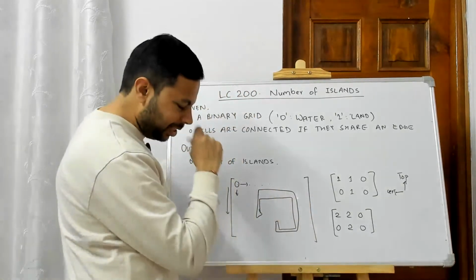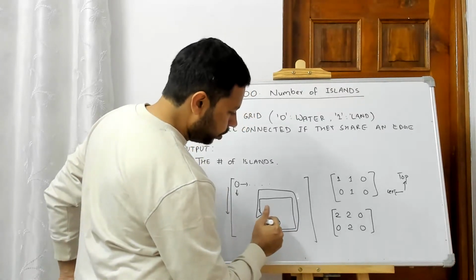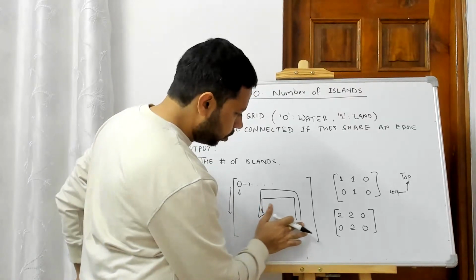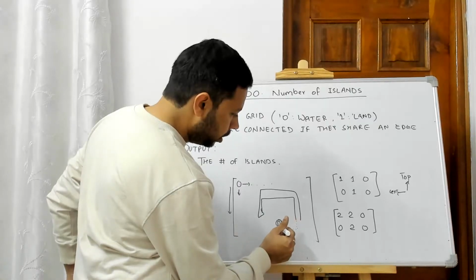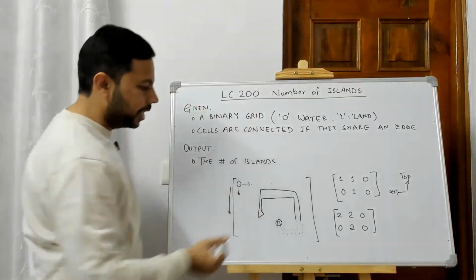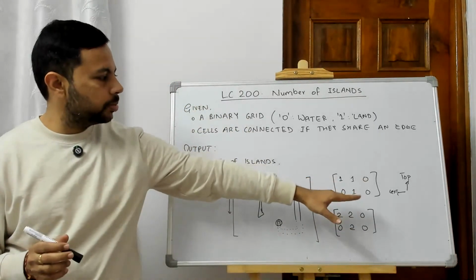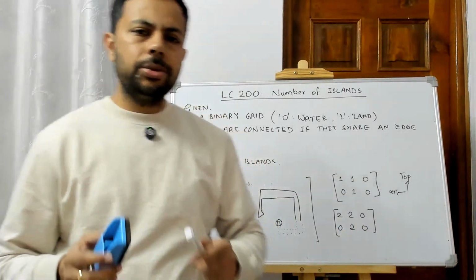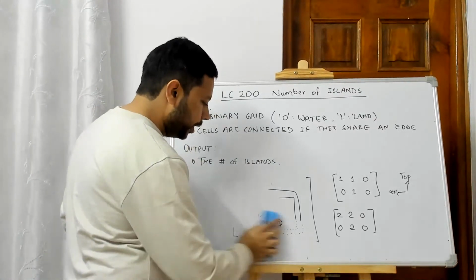Now if the island looks something like this, then while you are at this node you have only processed till this point, so you will be inclined to start a new island, although this belongs to the same island. So any scheme that you are thinking of in terms of grid will lead you into different dead ends. And if your first impulse is to think in terms of grids, then stop that impulse. That's going to lead you into dead ends.